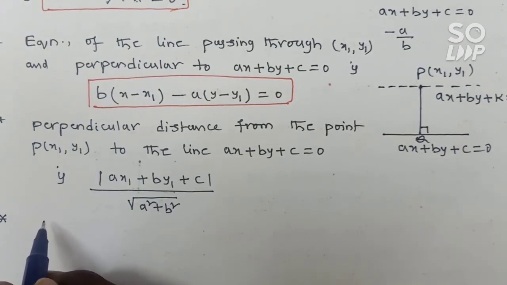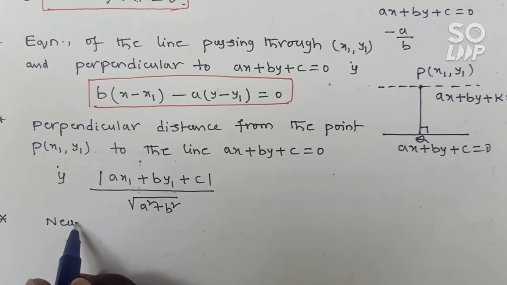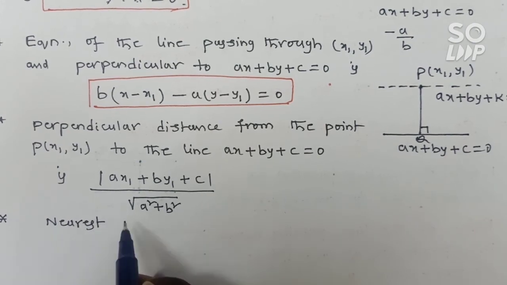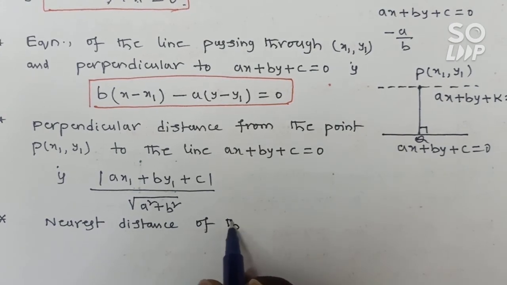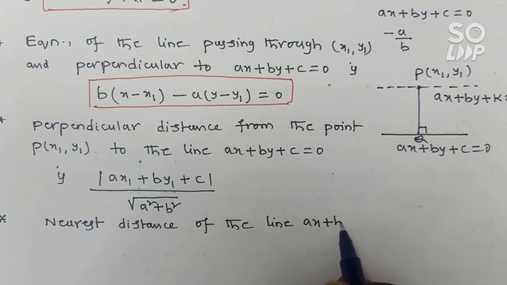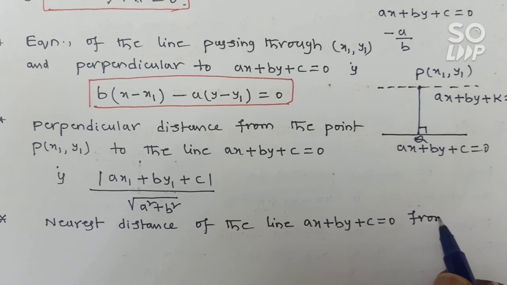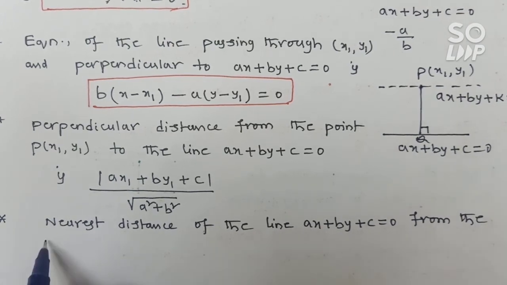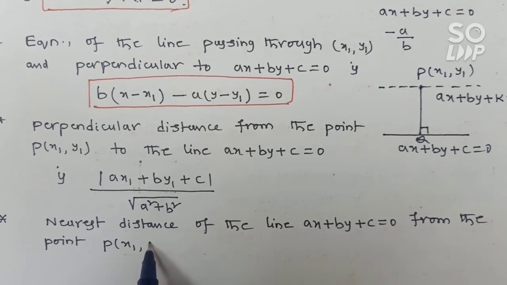What is that? The nearest or the shortest distance of the line ax plus by plus c equals 0 from the point P equals x1 comma y1.